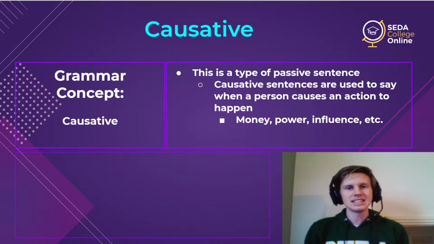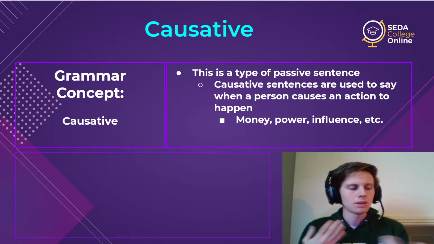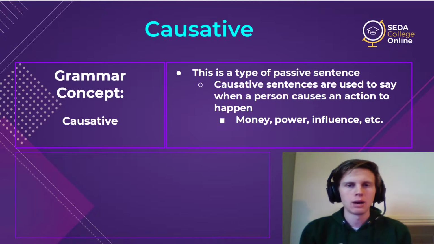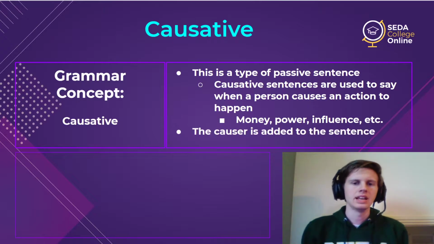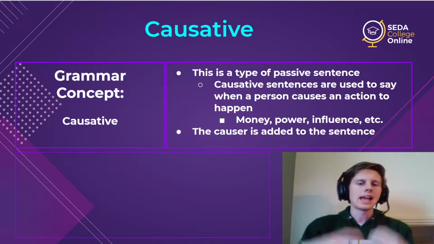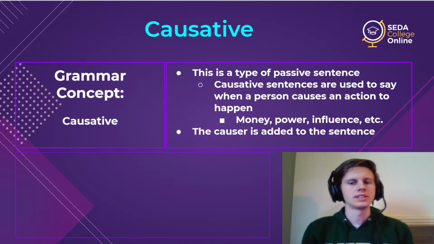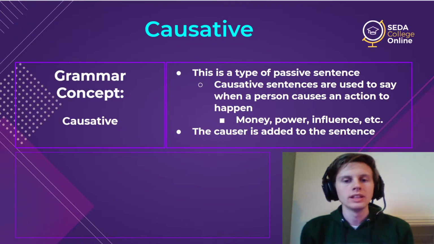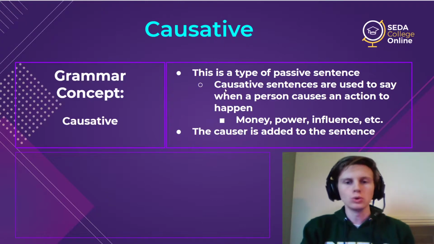But it has that idea that you use something of you, some money, some power, your commands, your ideas to cause something to happen. And so what the causative does is it means that we add the causer to the sentence. What's a causer? Well, this is the person who causes the thing to happen.